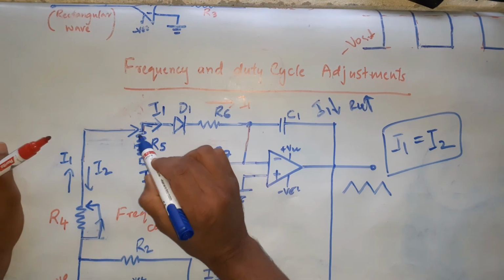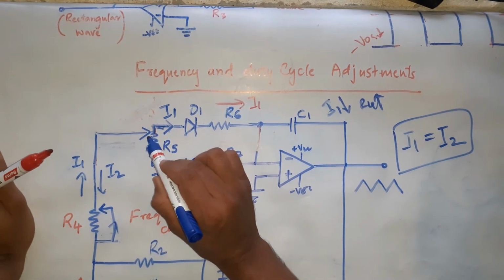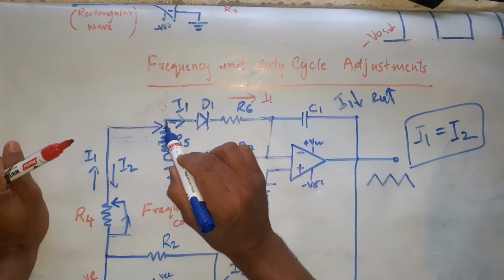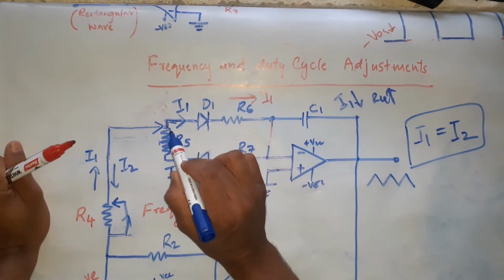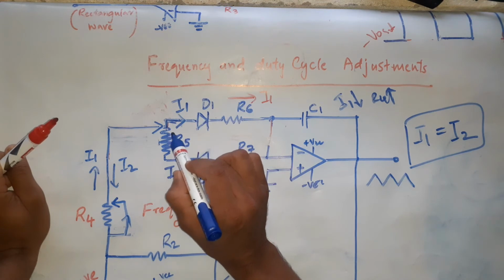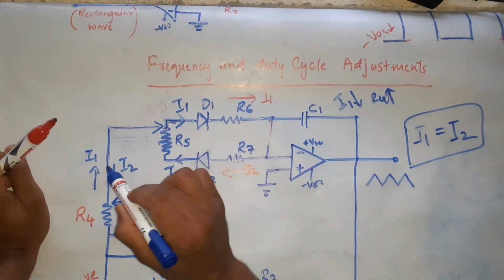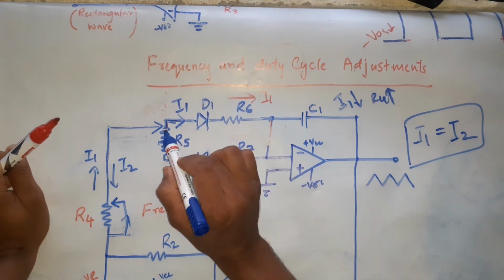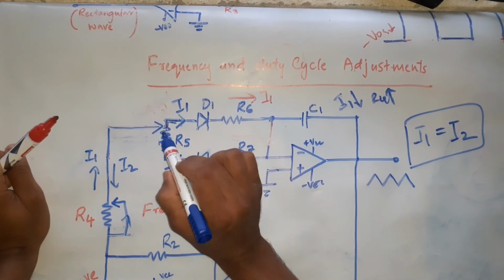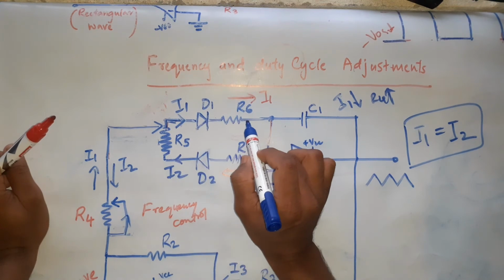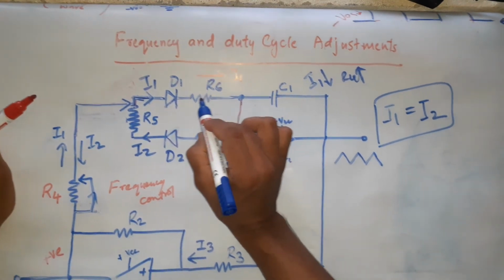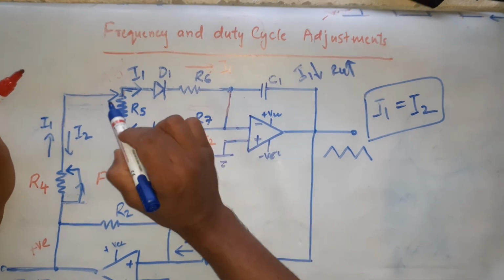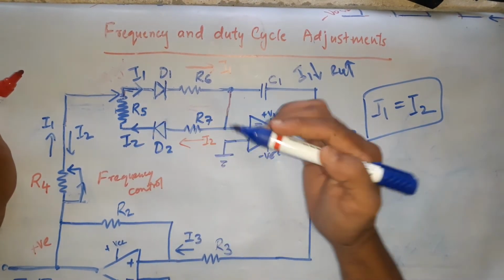So if I keep this variable resistance upside at this point, the resistance in the path of current I1 will reduce, correct? I1 has to flow through R5, R6, isn't it? R5 is excluded now because it has to flow only through resistance R6. So in this case, when I keep it up, the current I1 will increase.